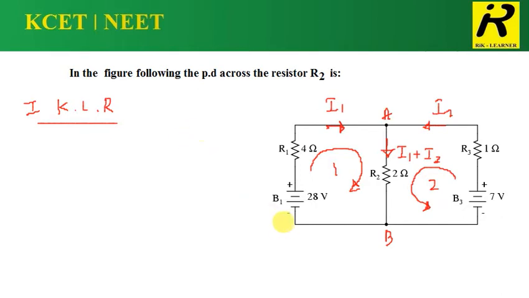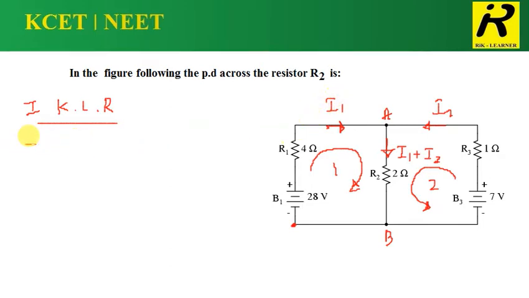Now I apply the rule with reference to this point, and since the current is in the direction I considered, I should consider this current in this loop as positive. Then I should consider the product of current and resistance together.